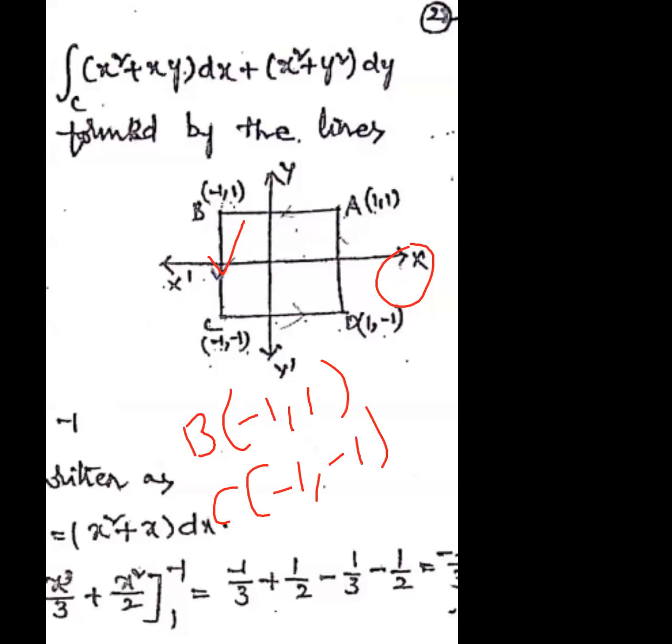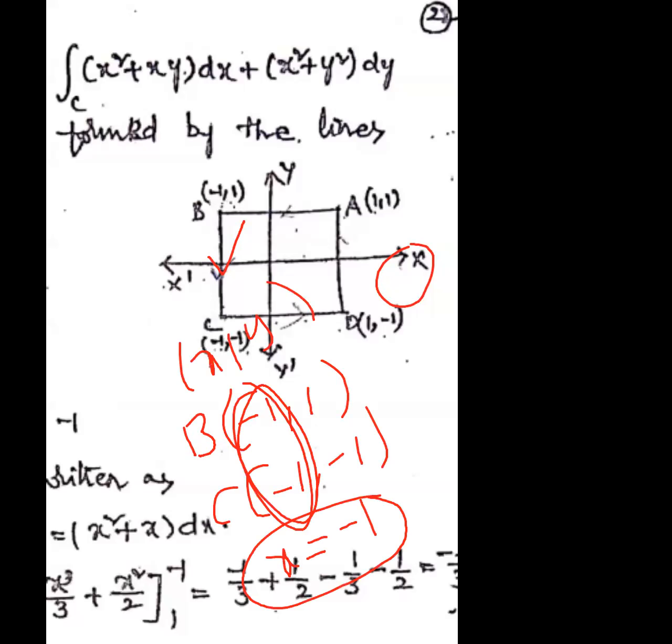Here every point is compared to the general point x comma y. Here x equal to minus 1 is fixed, a constant, the same in B and C. And y varies in the direction B to C. So the y value varies from 1 to minus 1.